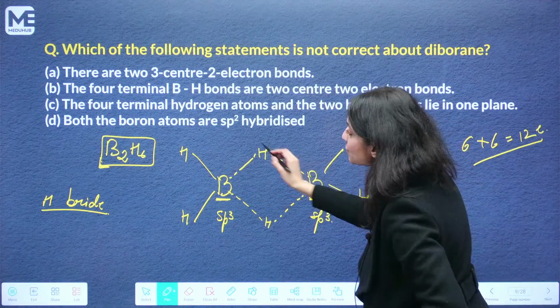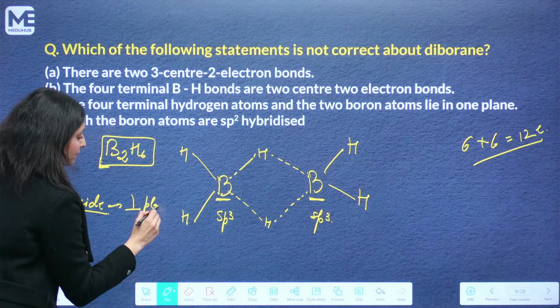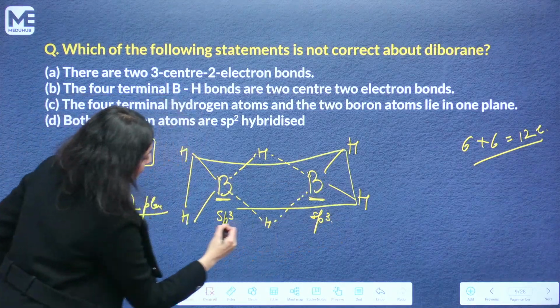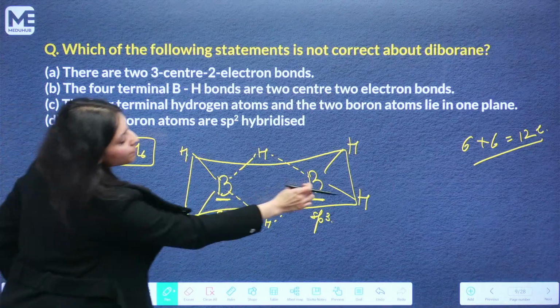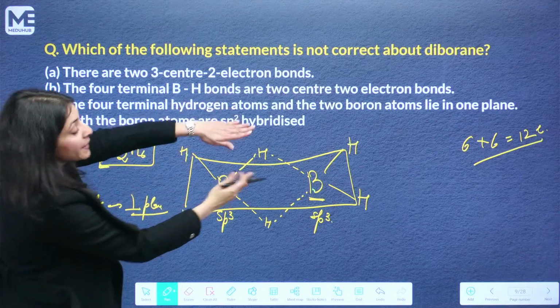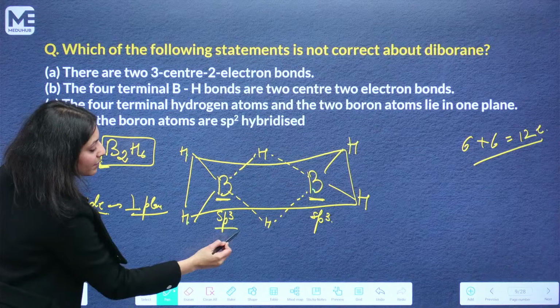Now these bridge bonds are perpendicular to the plane, and the other bonds lie in a plane. So BHH, BHH lie in one plane, and the bridges are perpendicular to the plane. And this boron is sp3 hybridized now.